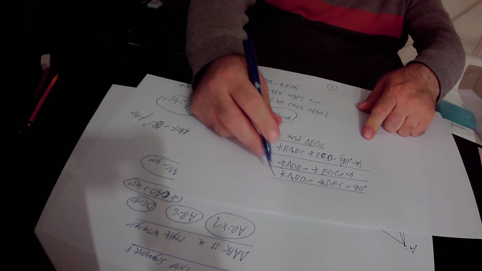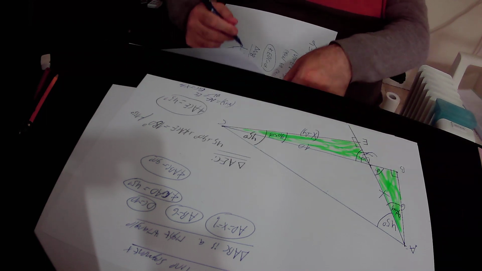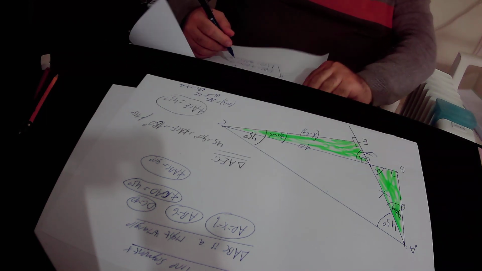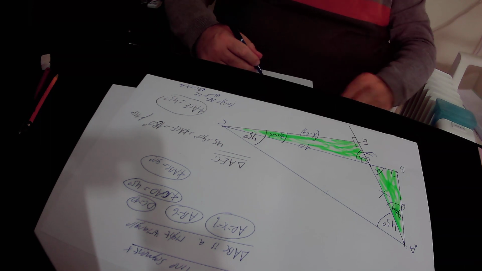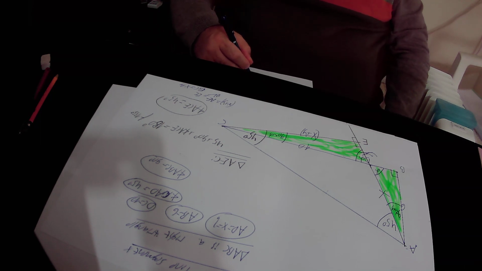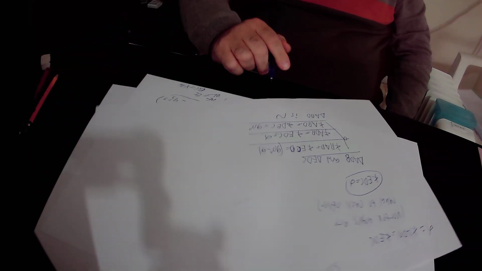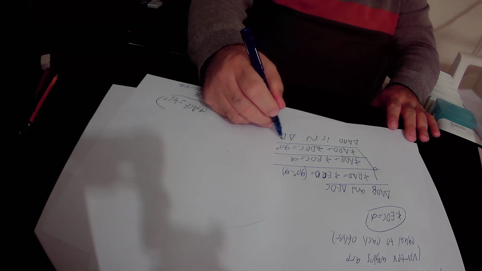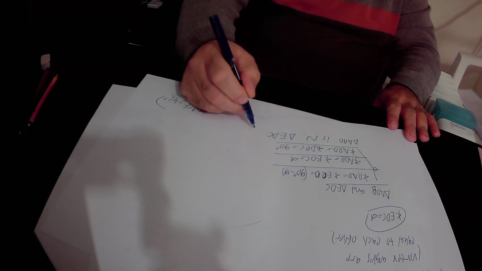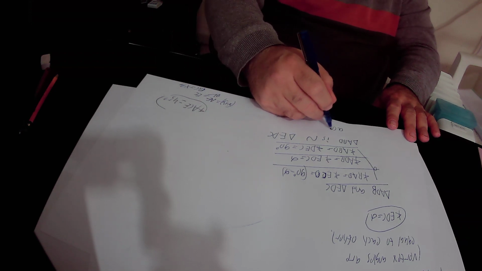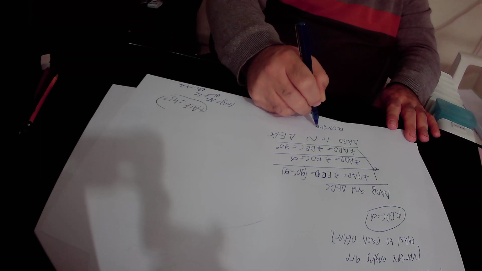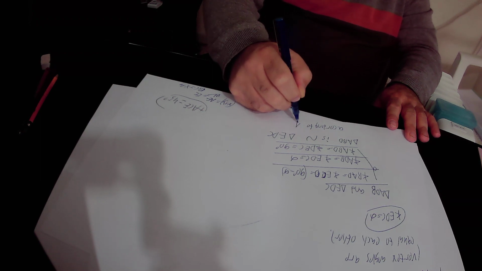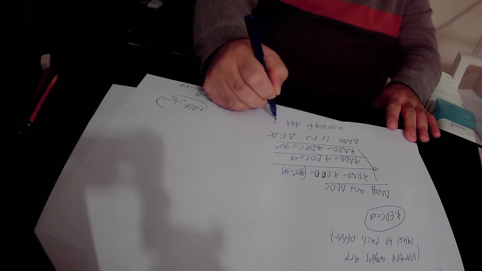That is to say, the right triangle ABD is similar to triangle EDC according to the angle similarity rule.